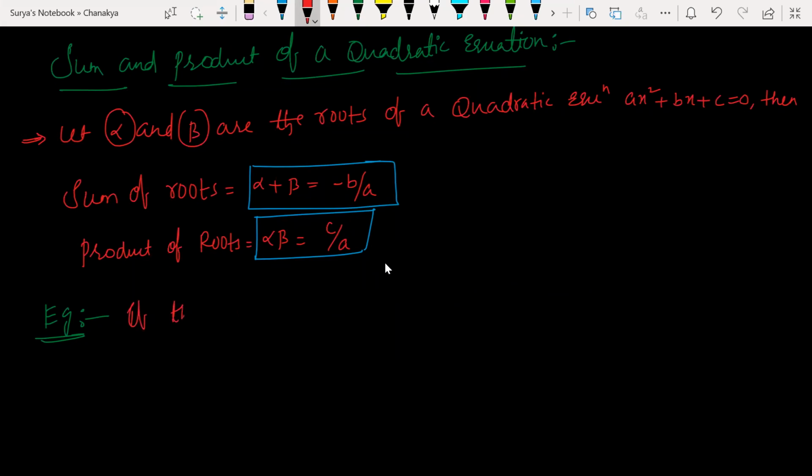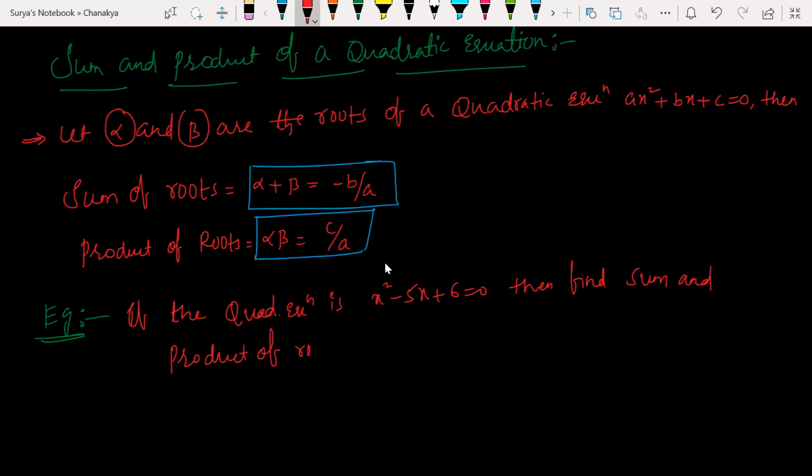If the quadratic equation is x square minus 5x plus 6 is equal to 0, then find sum and product of roots. Very simple. Look at this here. So this is my quadratic equation given.